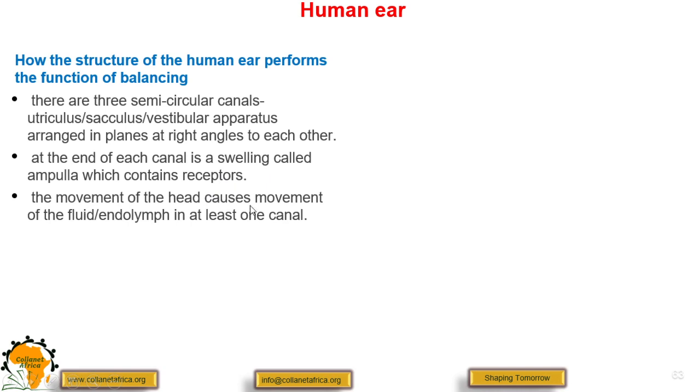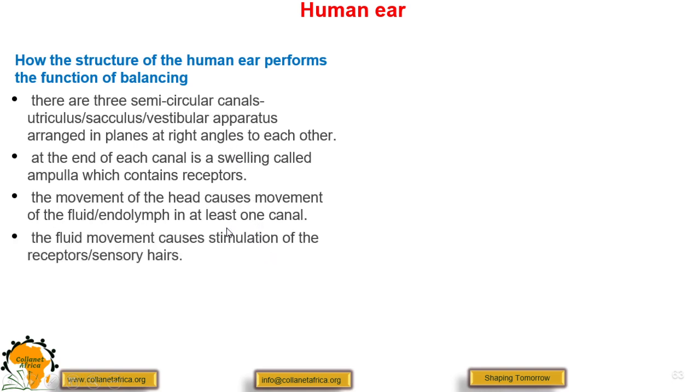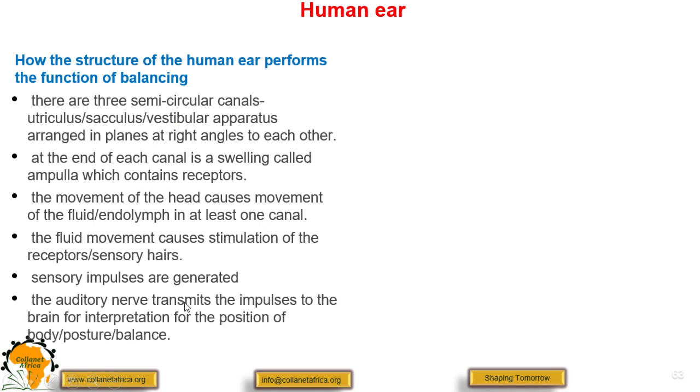So the movement of the head causes the movement of the fluid or endolymph in at least one of these semicircular canals. So when you move your head, the fluid inside one of these semicircular canals moves. That movement of the fluid causes stimulation of the sensory hairs contained in these ampulla located in the semicircular canals, and an impulse is generated.